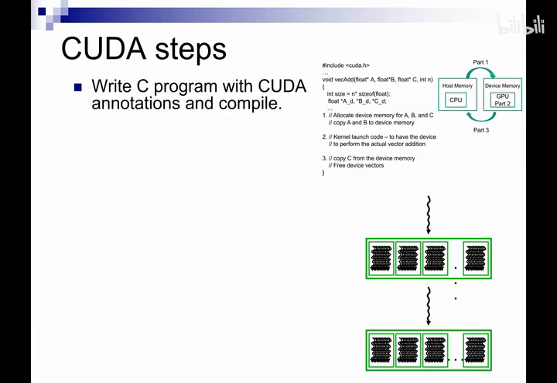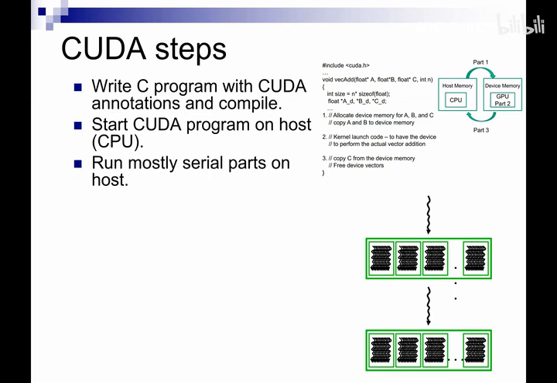Okay, now let's talk about the steps to writing a CUDA program. To write a CUDA program, you write a C program, and then you add some CUDA annotations. Then you compile this with NVCC, the NVIDIA CUDA compiler, and then you can run it. The way you run CUDA programs is that you start the CUDA program on the CPU.